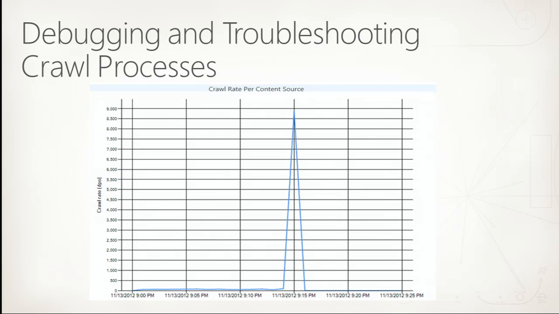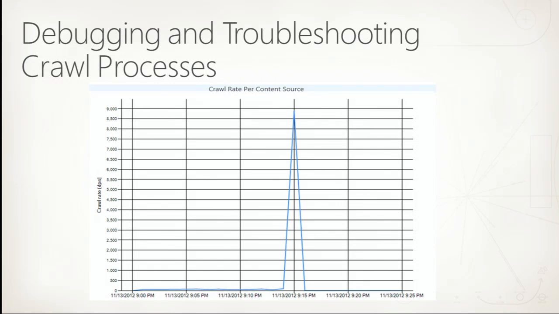So if you see this picture, that means at the highest point of this peak, the crawl rate was almost 9,000 documents per second, right? If you could do this in a constant way, you would get a very, very high bonus, I'm sure, right? But I know you are very, very smart IT guys. So it means it's not your bonus, right? It's about your environment. So it's something strange.